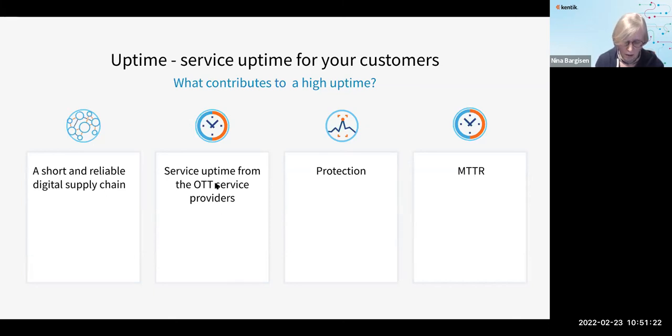And the knowledge about the service uptime on a global basis and the protection, all of that will help you be quick to fix problems when you have them in the network.